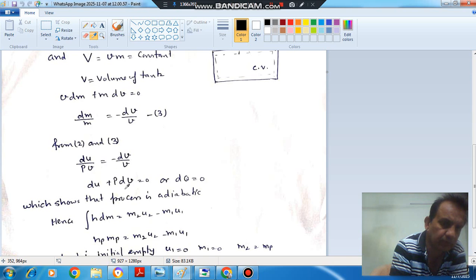So du plus p dv is equal to 0, which is also the heat supply from the first law, du plus p dv. Again we have considered that in charging of a tank dQ is 0, so it is again the same thing.